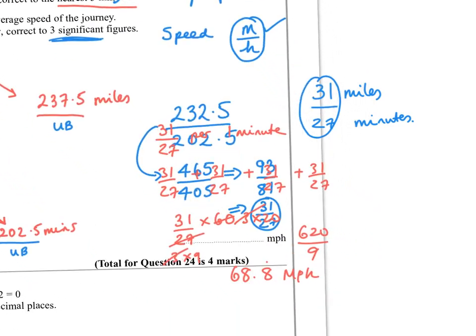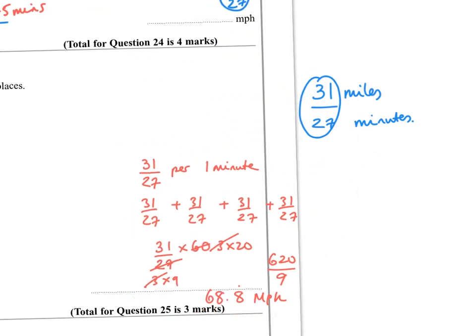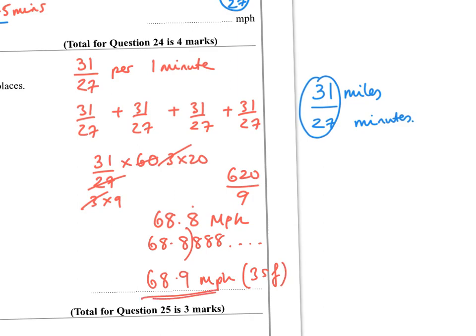So all we have to do is take our working and we can just say, okay, 68.8 recurring, 3 significant figures is going to end up with 68.9 miles per hour, and we just write 3SF. So let's move on to the next question.